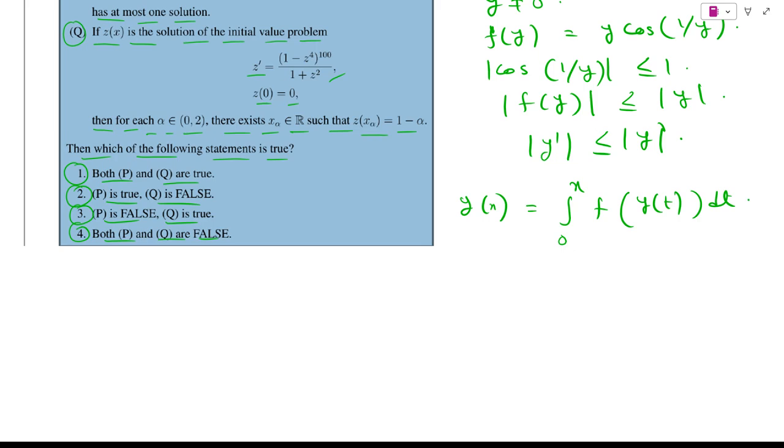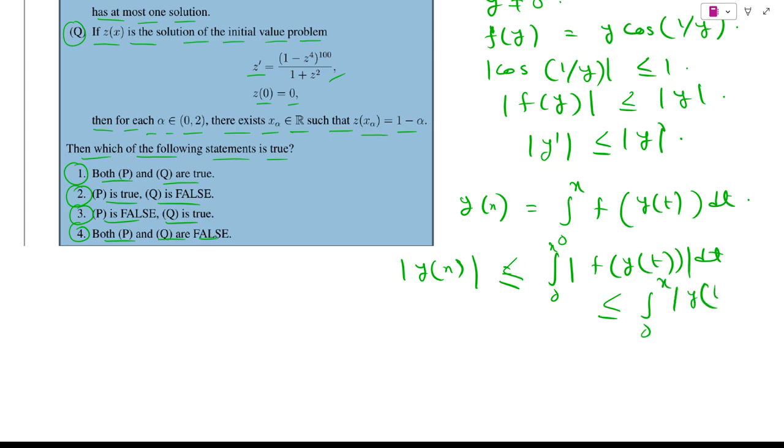Now taking the absolute values, mod of y(x) is less than or equal to the integral from 0 to x of mod of f(y(t)) dt, and this is less than or equal to the integral from 0 to x of mod of y(t) dt, right?